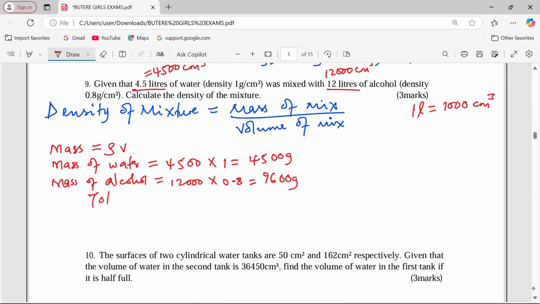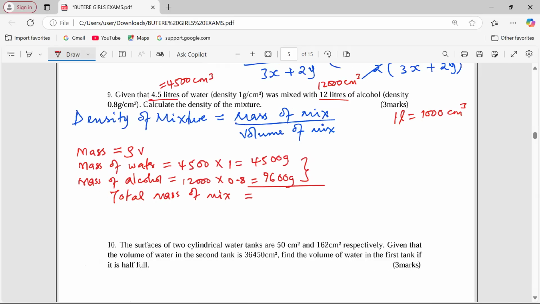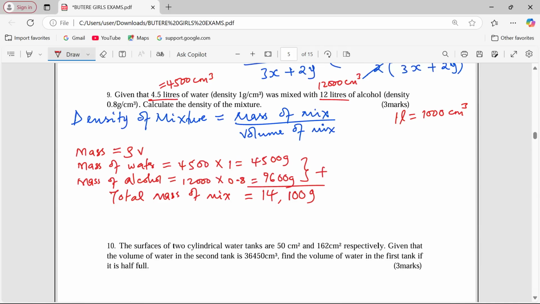What about total mass of the mixture? This will come from the addition of 4,500 and 9,600. That's 14,100 grams. Now, this is the total mass.